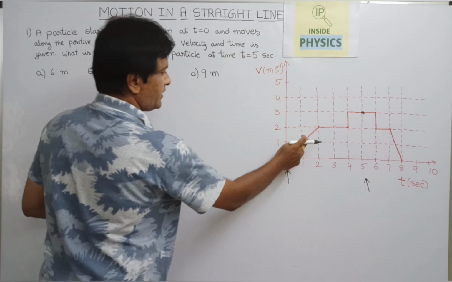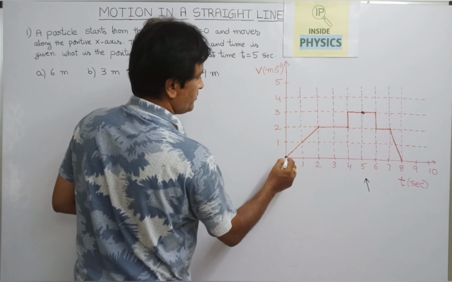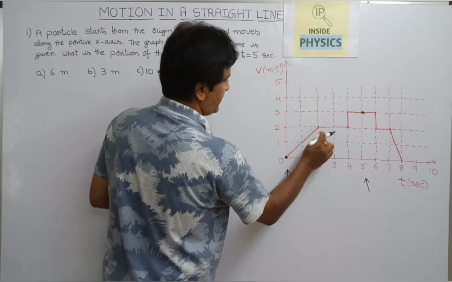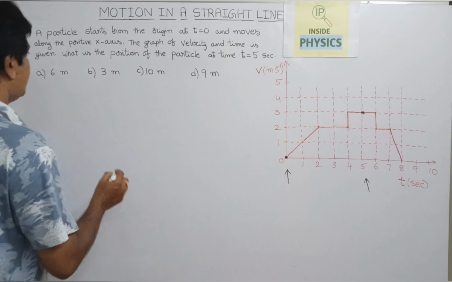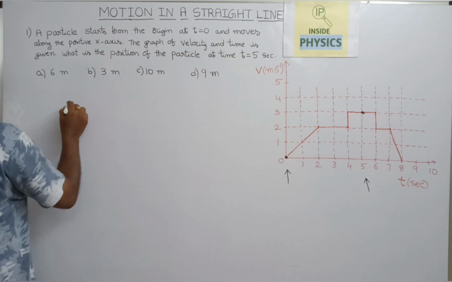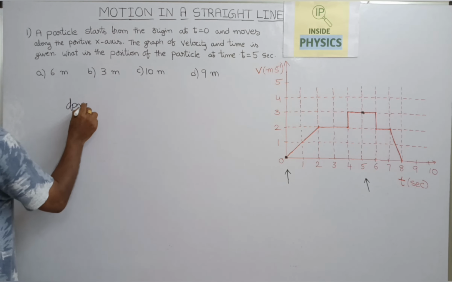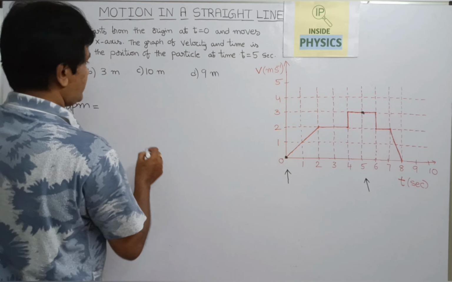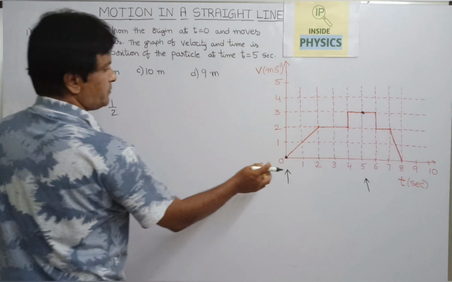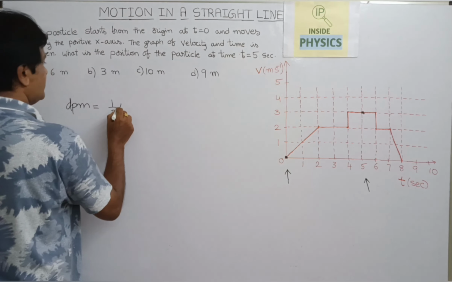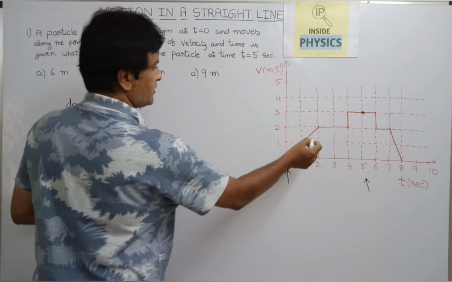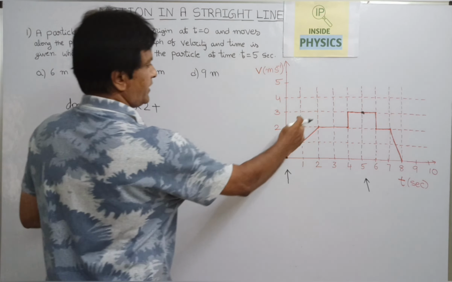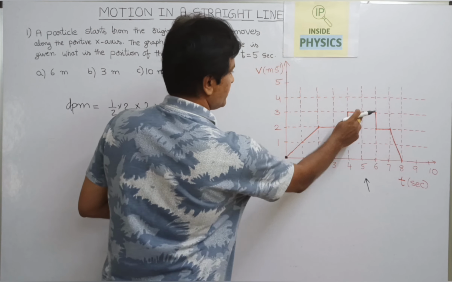How do we get this area? Half into base into height, or you can take half of the area of this square. So the displacement, that means the position after 5 seconds, can be calculated as half into base, that is 2 seconds, into height, this is also 2, plus the total area under this graph from 0 to 5.